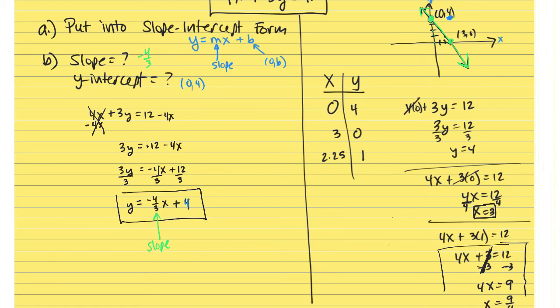So again, what did I do? This is my y-intercept. I got the y value alone, and the way that I did that is I subtracted the x term from both sides.